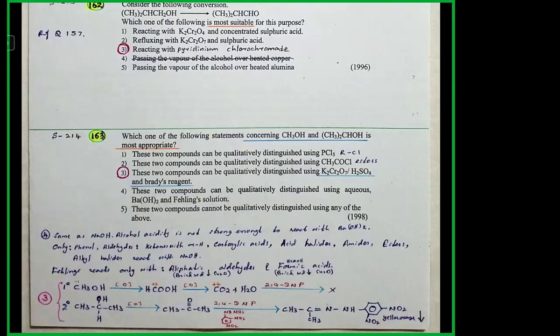Number 4, barium hydroxide is not acceptable. The acidity of alcohol is not enough to react with barium hydroxide or sodium hydroxide.